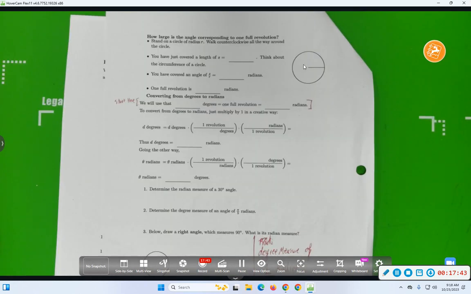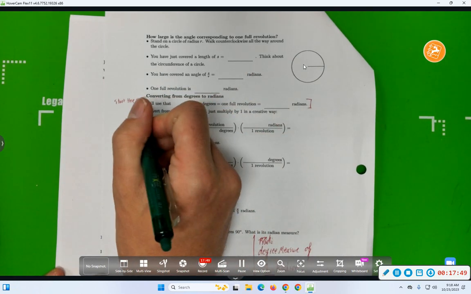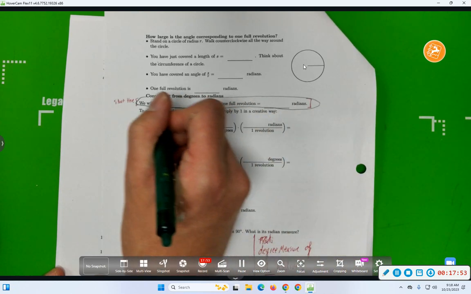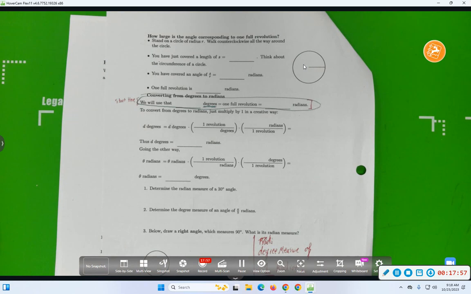All right, so here I think is my next goal. We have 3 ways that you might measure an angle. We might give you a degree measure. There are upsides and downsides to degree measure. Angles you expect to see will be between 0 and 360.